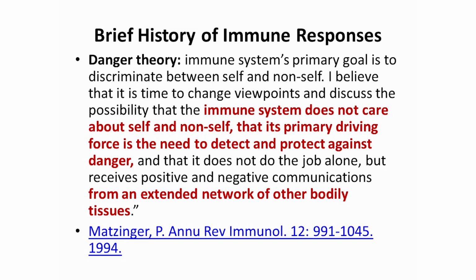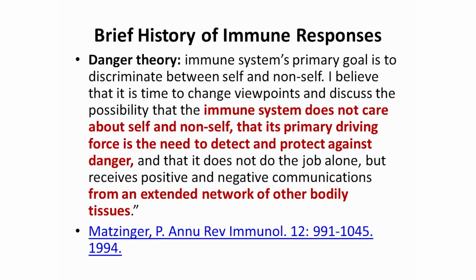But until 1994, it was believed that the whole immune mechanism is dependent on recognition of self and non-self, whereas Matzinger came up with a proposal that it's not self and non-self, but danger and non-danger.